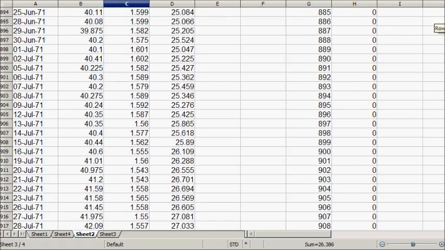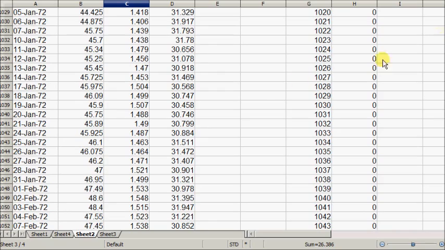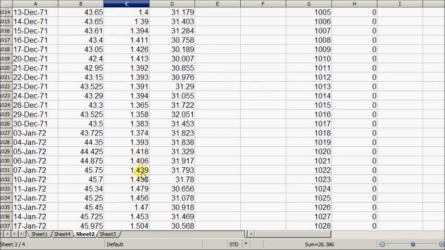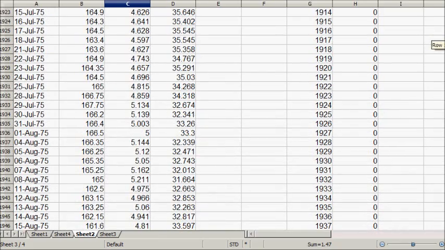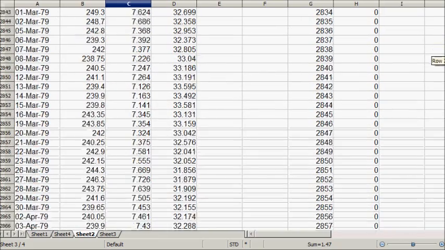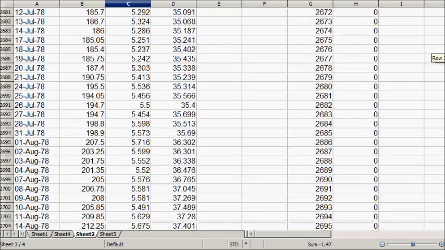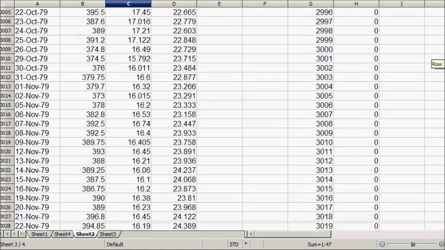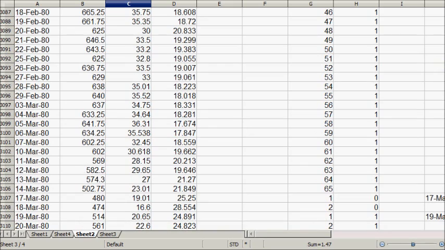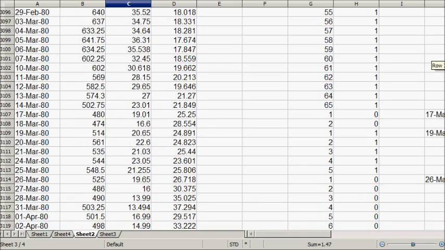It went below $1.50 in 72. And then you had the bull runs, $5 silver in 75, $5 silver in 78. And then 79 came into play for $7 silver, turning into 10, turning into 16, turning into 30, turning into 50, all that type of stuff.